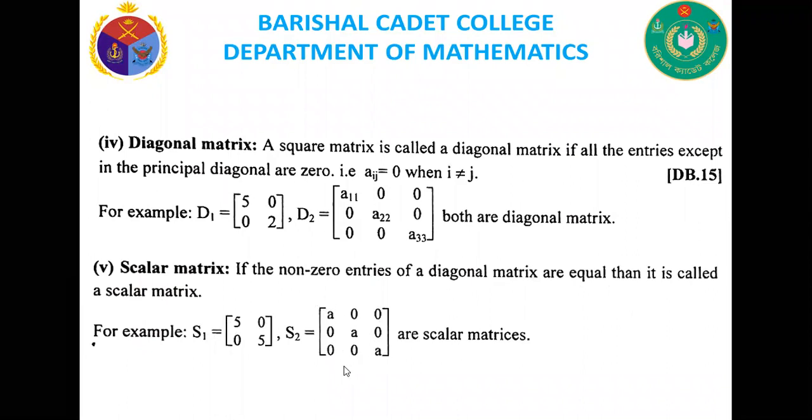Here also all the elements are same. So easily we can say that a scalar matrix is also a diagonal matrix in which all the elements lying on the principal diagonal are equal. Note, all scalar matrices are one kind of diagonal matrix.